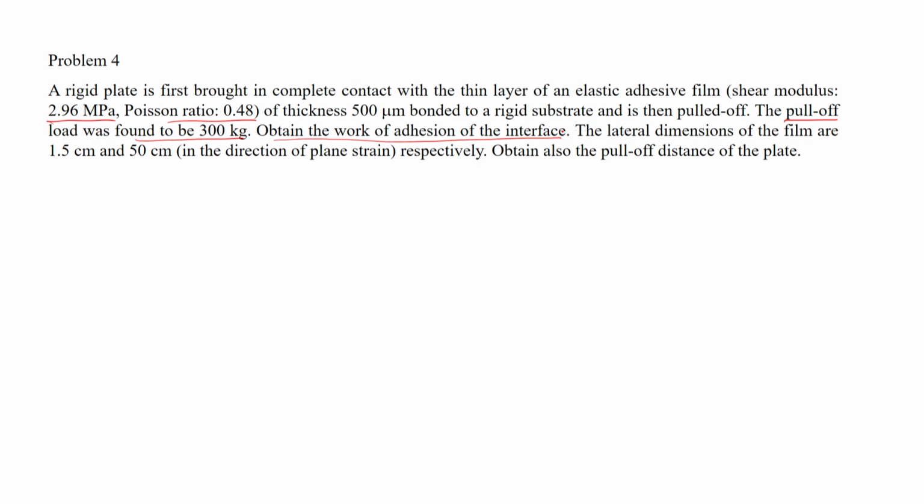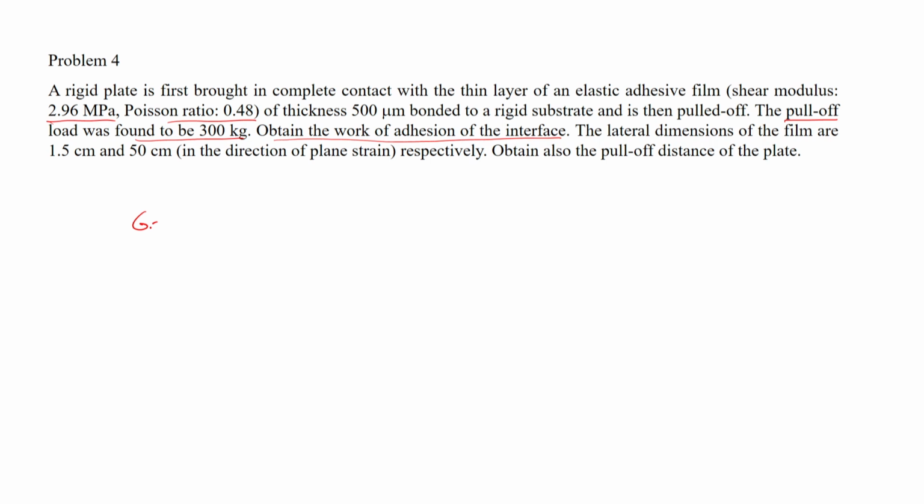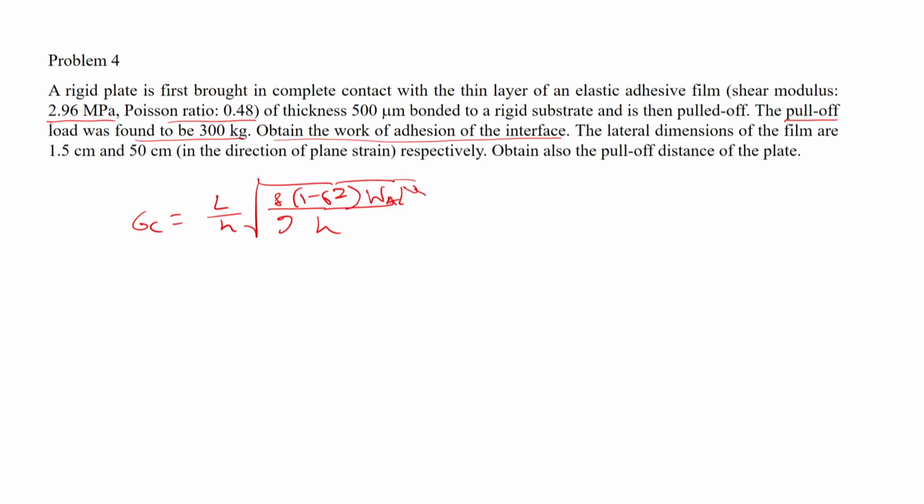So, the pull-off load expression we already have, that is sigma c is equal to L by H times the square root of 8 by 9, 1 minus sigma square, W A mu by H. So, this expression we already have and that is what we are going to use. Now, sigma c is given, and here the data is given in terms of 300 kg, that is the load given.